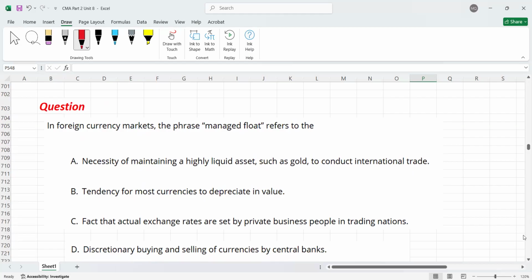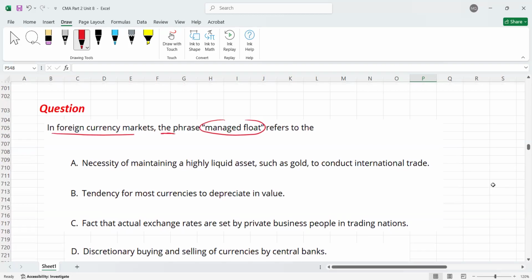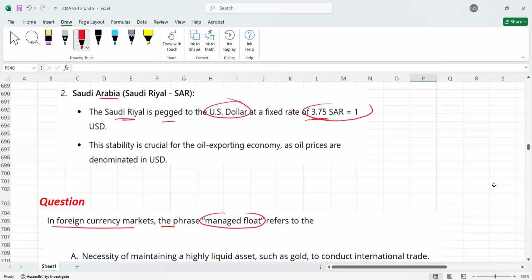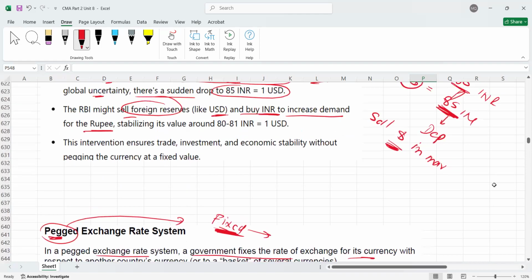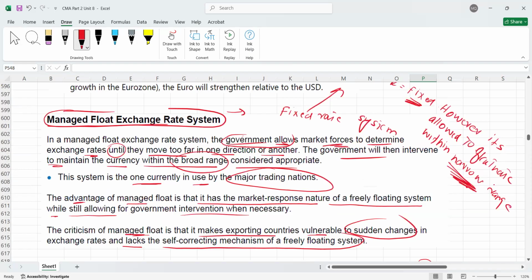Now we have a question here, so please try to understand this question. In a foreign currency market, demand and supply will be created and the exchange rate will change. The phrase managed float, do you remember managed float? If you go back and check, in managed float the government will allow the market forces to determine the exchange rate until they move too far in one direction or another.